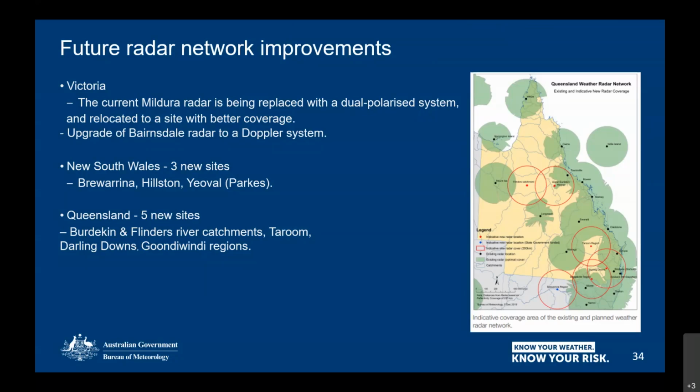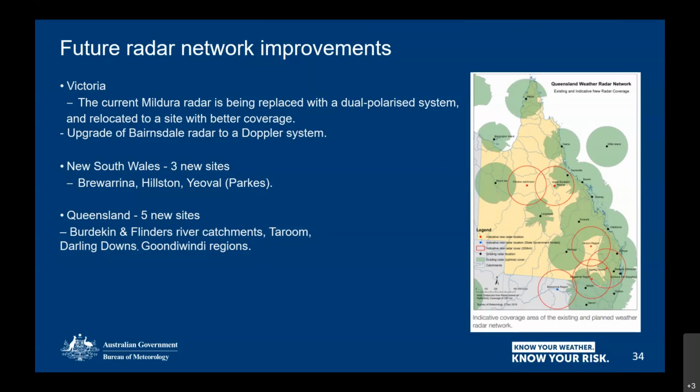Queensland is also getting 5 new radars. The first 2 are going up in the Burdekin and the Flinders River catchment areas, around the townships of Richmond and Hughenden, in between Mount Isa and the Townsville area. Heading down south inland from the Bundaberg area, we're going to put one in at Taroom.